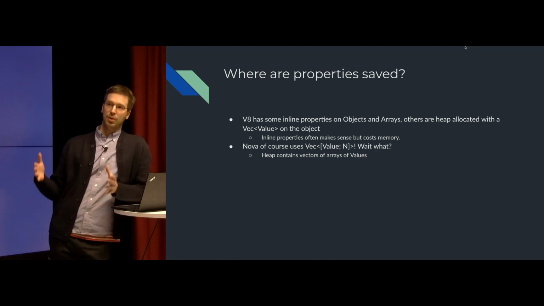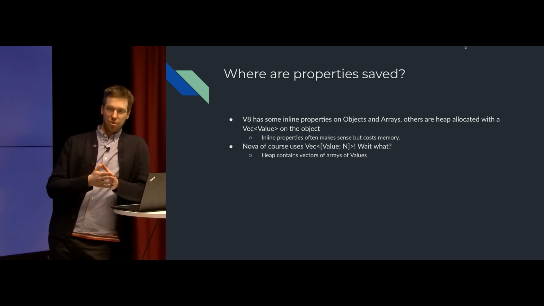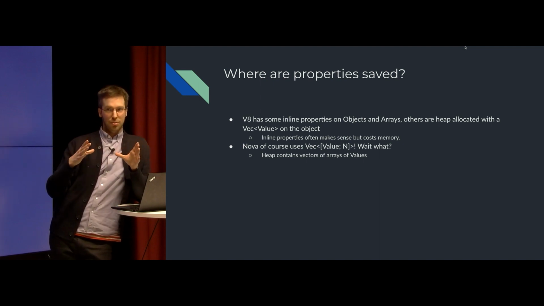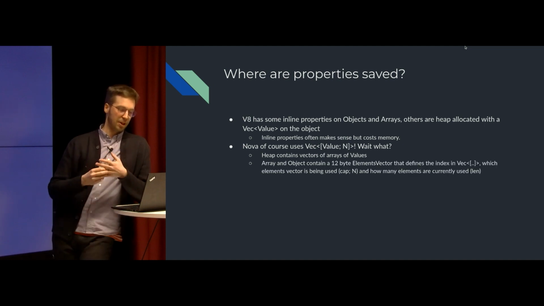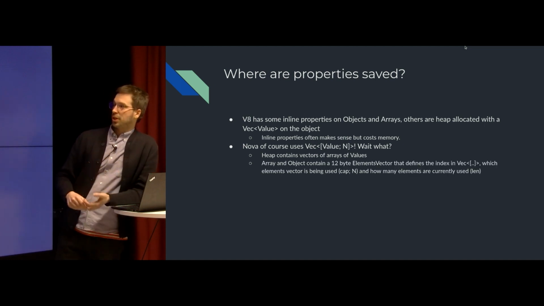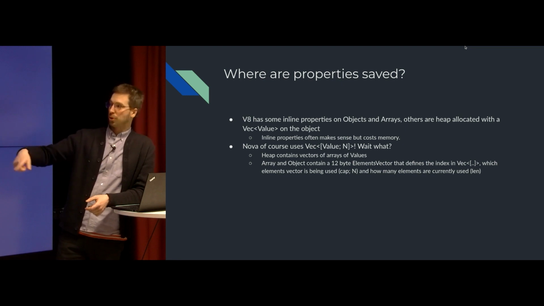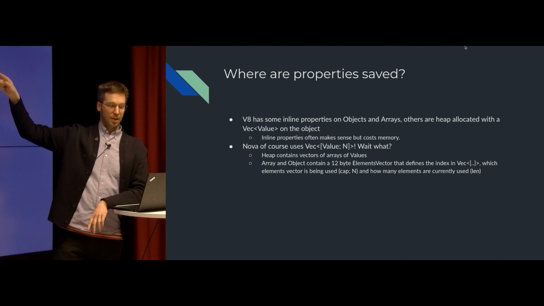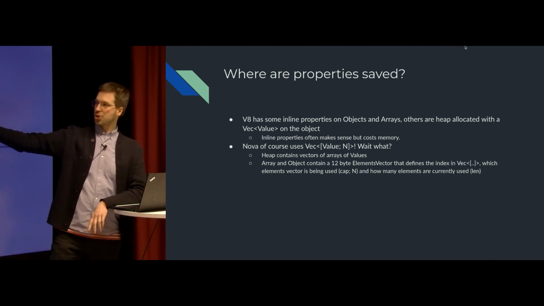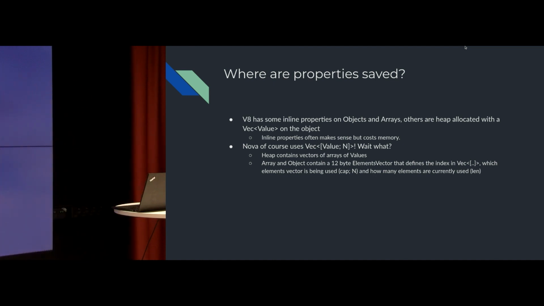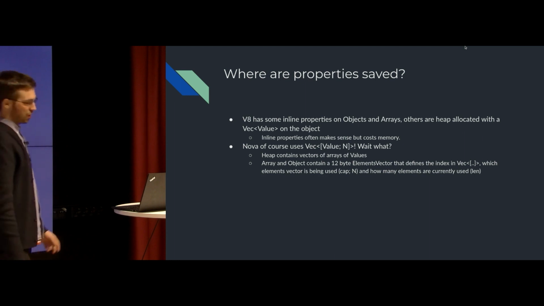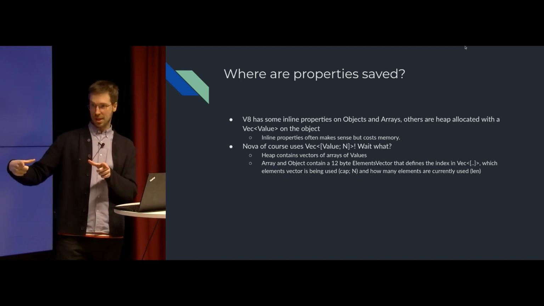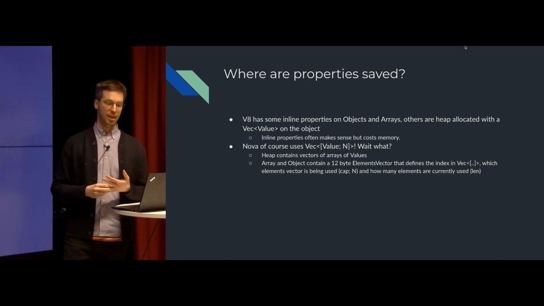So our heap contains vectors that hold arrays of values of some defined size. So the array and object, when they point to their elements or properties, they know which vector of this kind they are pointing to, and then which index in there they are pointing to, and how many items in that array they use.